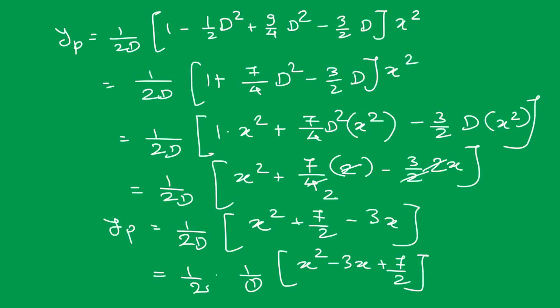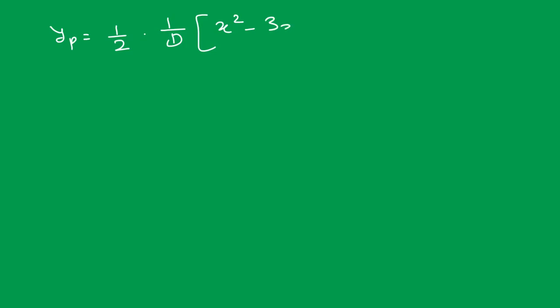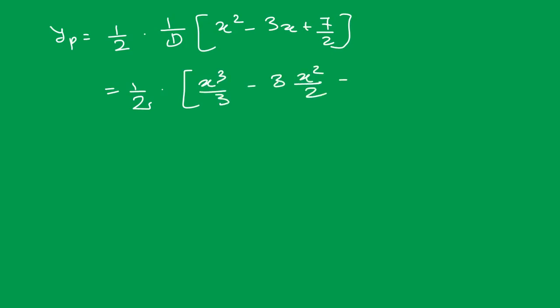So we get yp is equal to 1 by 2 times 1 by d operates on x square minus 3x plus 7 by 2, that is nothing but integration of x square, which is x cubed by 3, minus 3 times x square by 2, plus 7 by 2 times x.